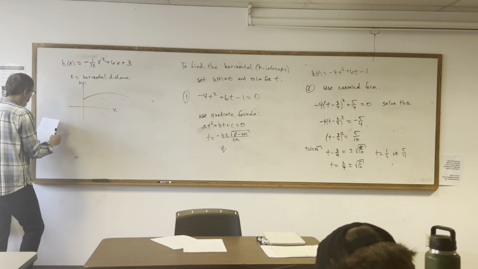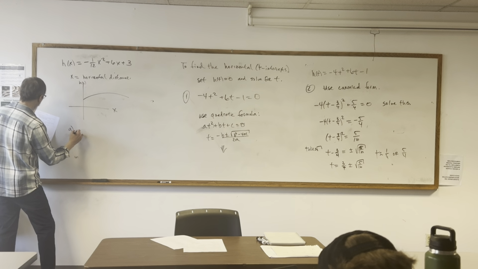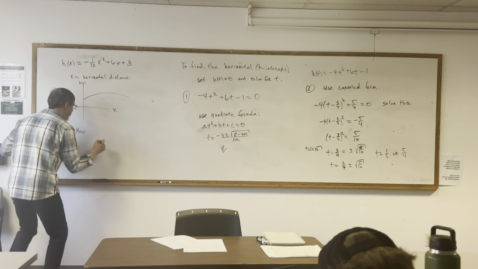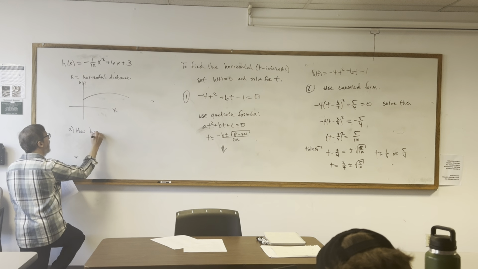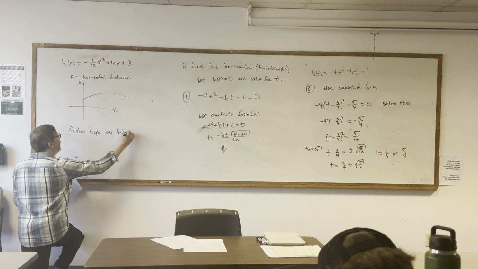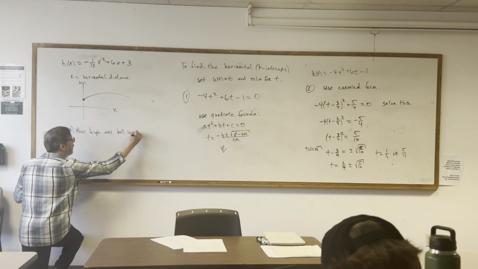So we have 3 questions here. Let me get them up here for you. How high is the ball when it was thrown? Let's take a minute to just answer these questions. How high was the ball initially? This time right here, this distance right there.